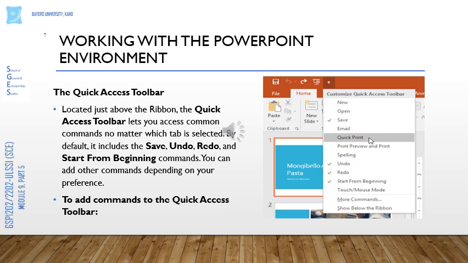If we want to save our PowerPoint, or we want to email it to someone, this quick access toolbar has all these functionalities. It is right above the ribbon, and it's a kind of play symbol that is upside down and has a dash at the top of it. That is where the quick access toolbar is located.